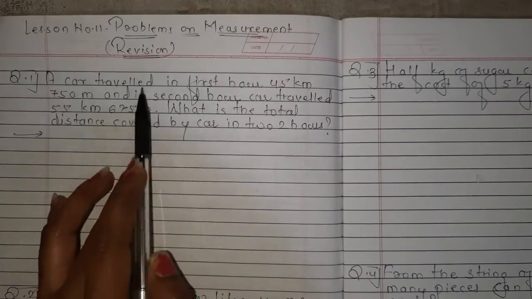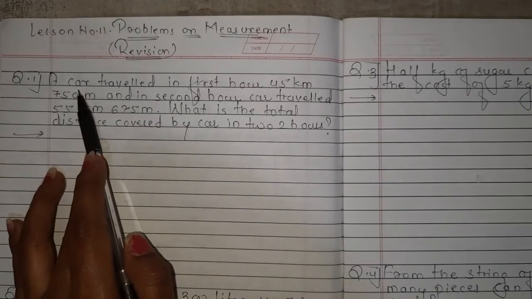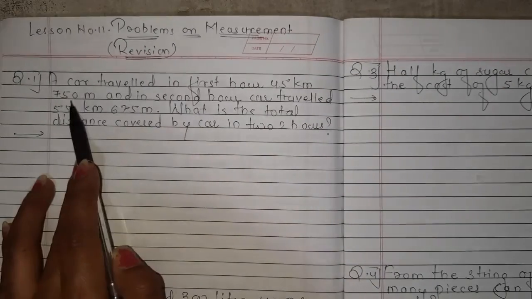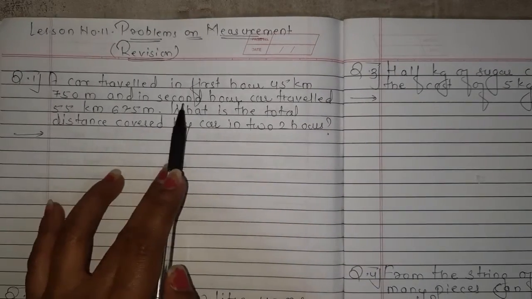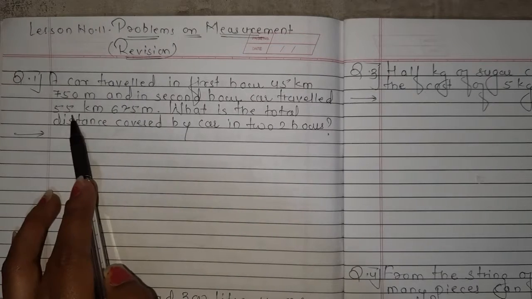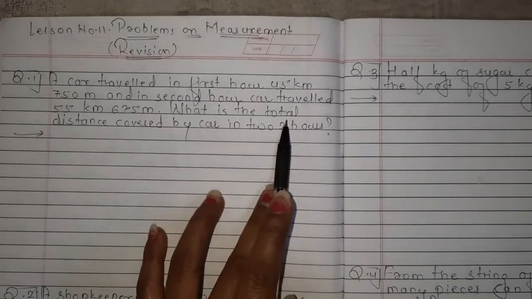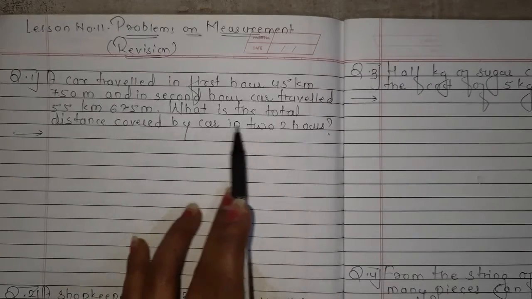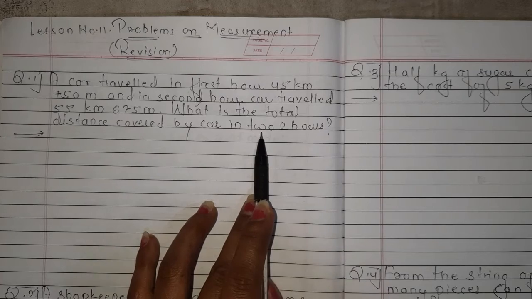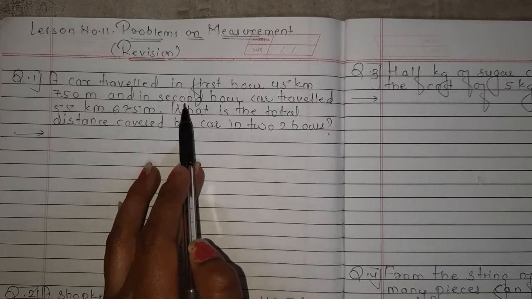Now what they have given: the distance traveled by the car in first hour is 45 kilometers and 750 meters, and the distance covered by the car in second hour is 55 kilometers and 675 meters. We have to find out the total distance covered by the car in the 2 hours, that is the distance traveled in first hour and second hour altogether.